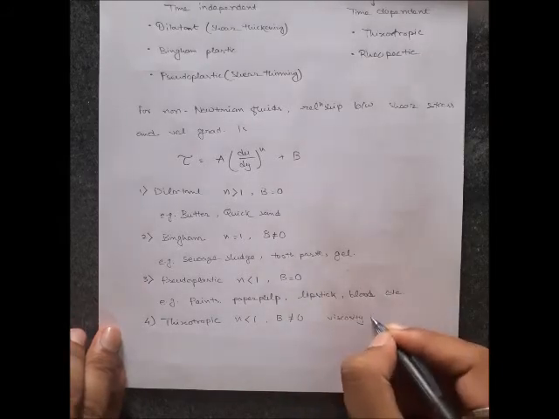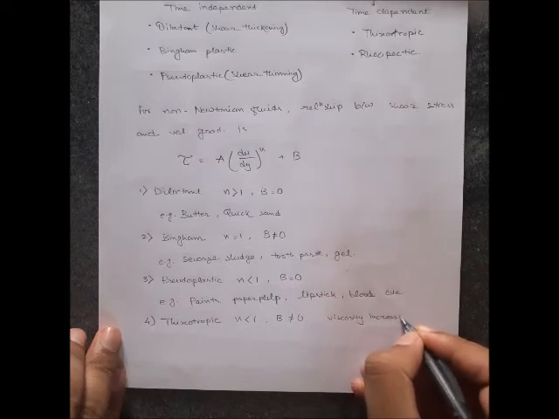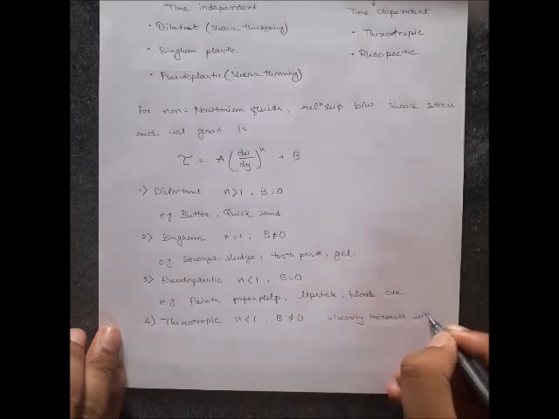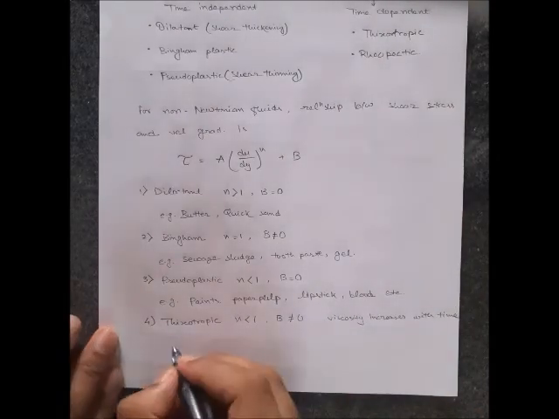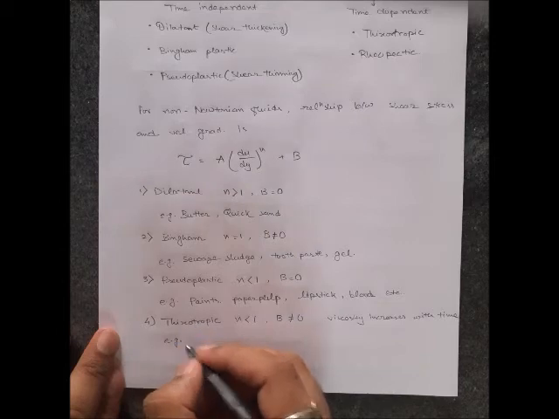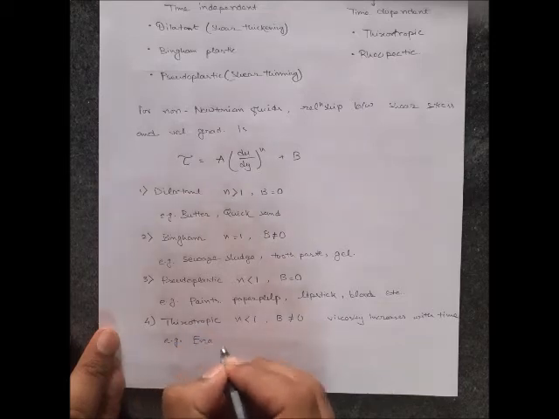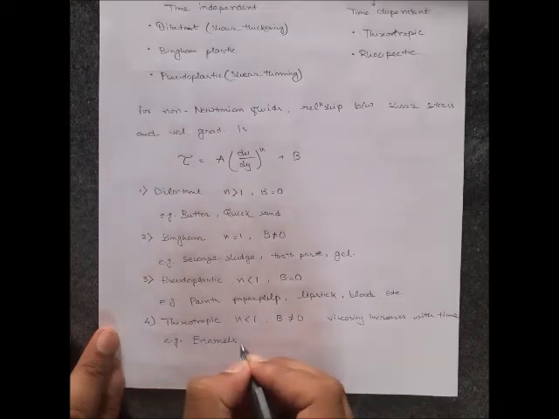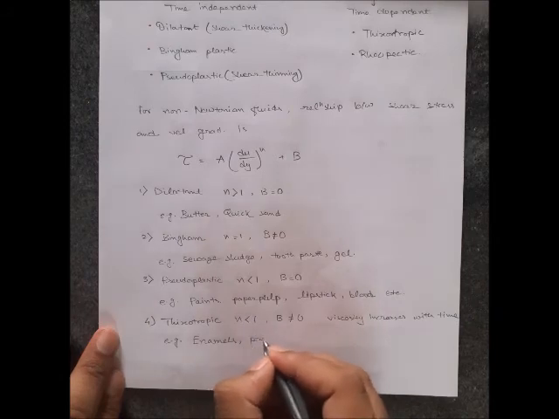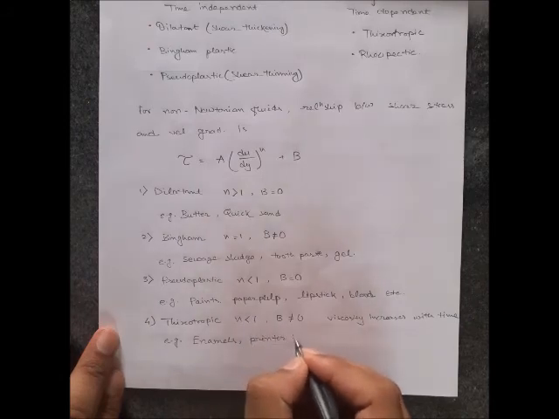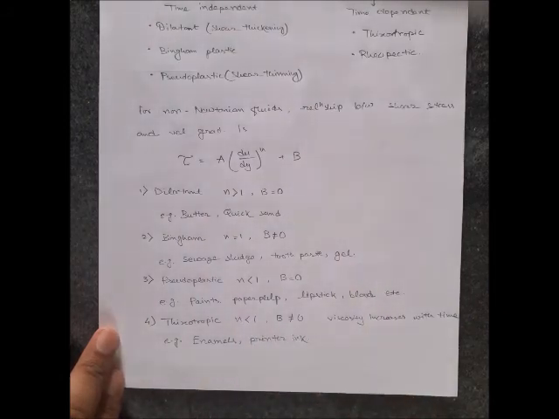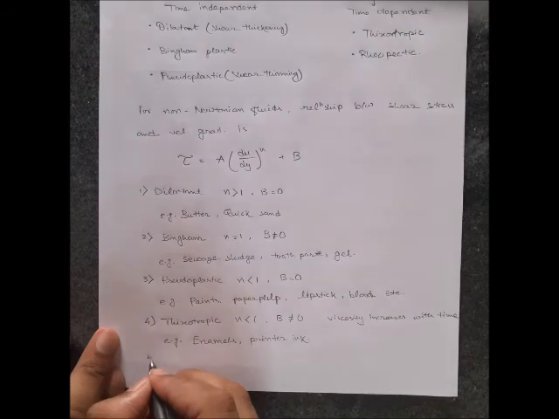The examples are enamels and printer ink, where basically the base evaporates and it becomes denser.